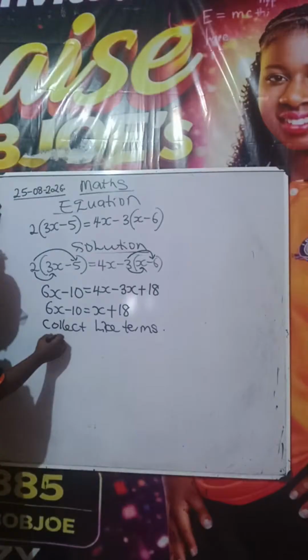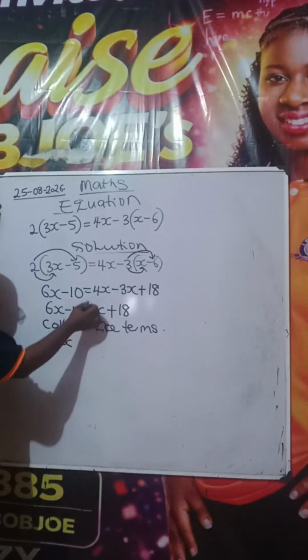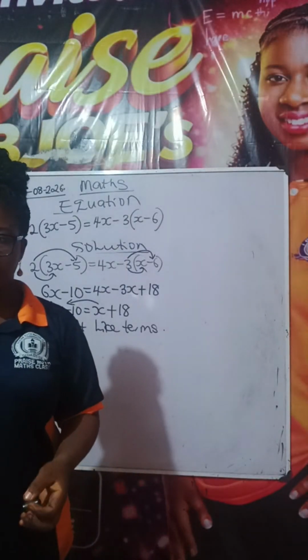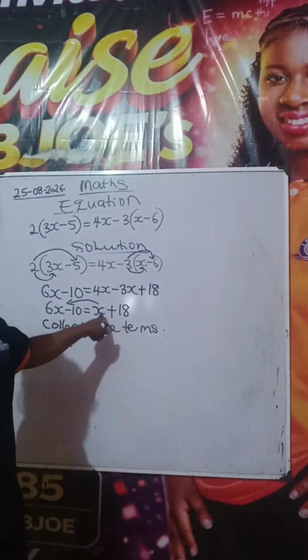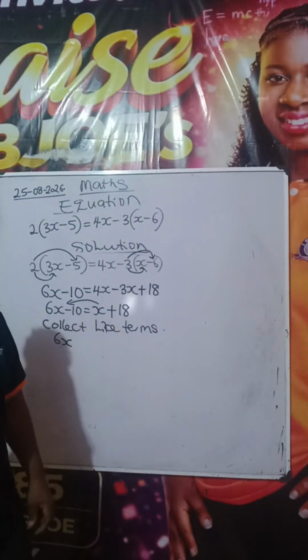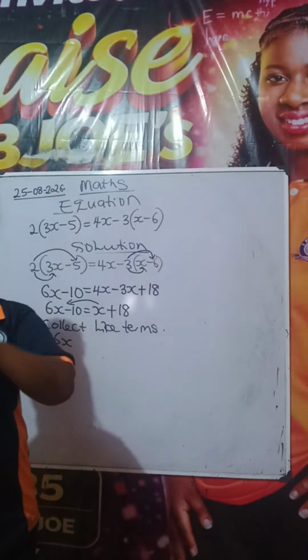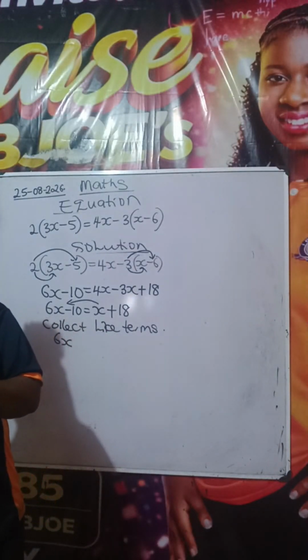So we have 6x. Now I'm bringing x to the side. If I bring x to the left, will it be plus or minus? Look at it. If I bring this one here, what is it going to be? Okay, now let's do it and see if your answer is correct.